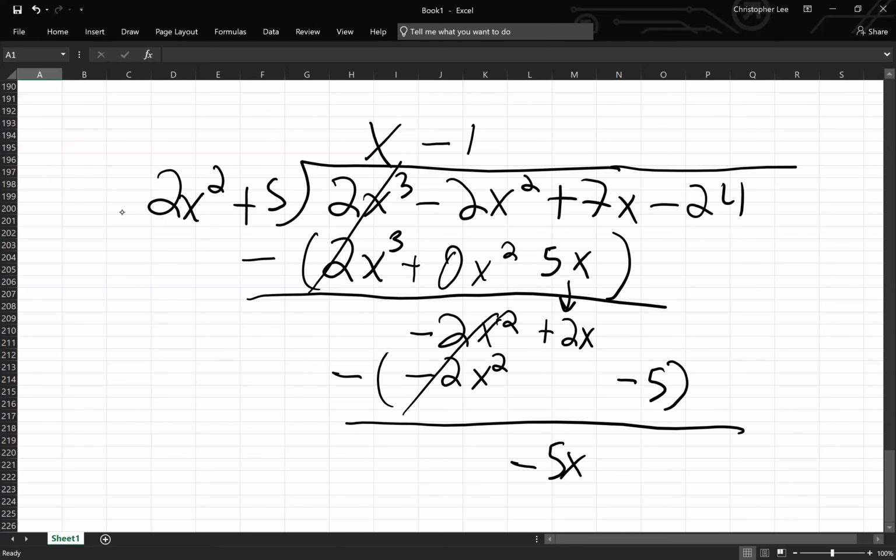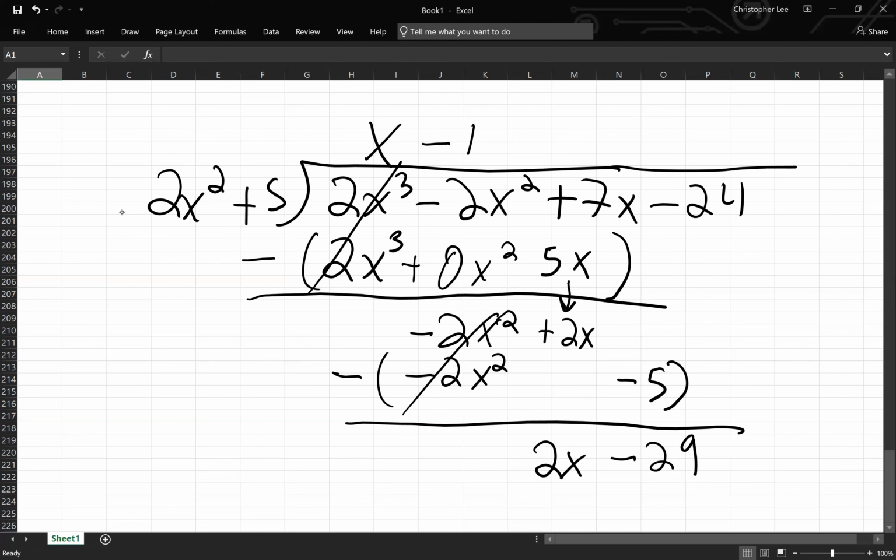And then this would be positive 2x. And then I should bring down the sum of these two, which would be negative 29.